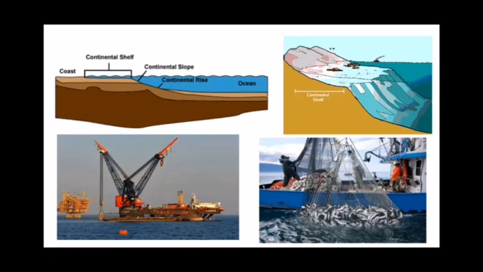At this place in Mumbai High, a lot of minerals and natural gas is extracted. And in the next picture you can see that in the continental shelf there are a lot of fishes available, because of which a lot of fishing takes place in these kinds of areas.